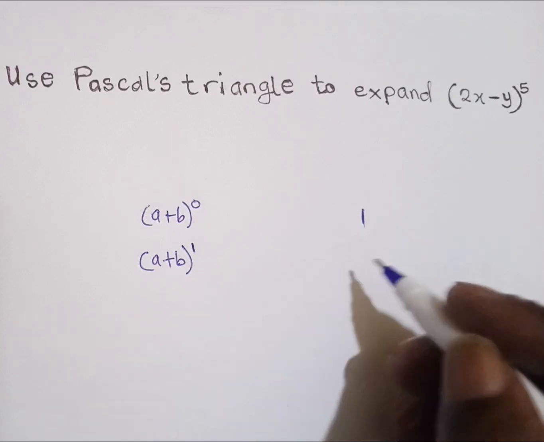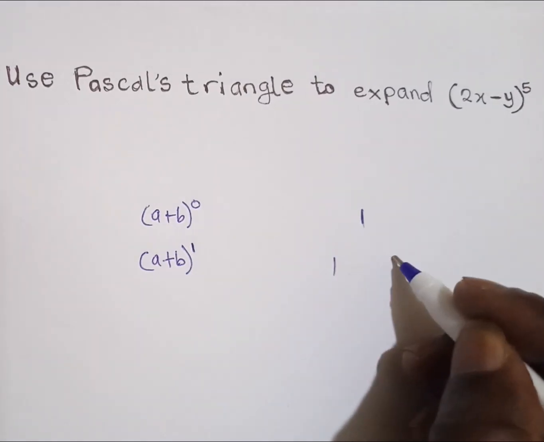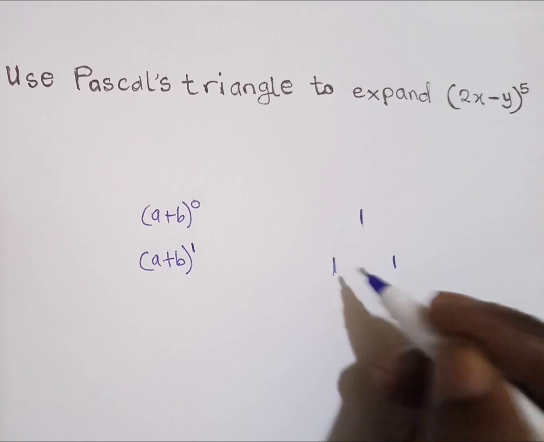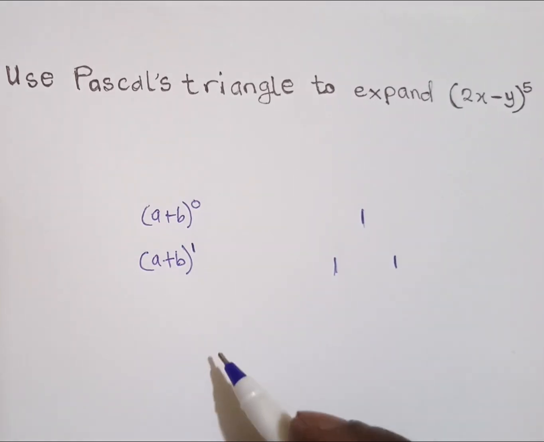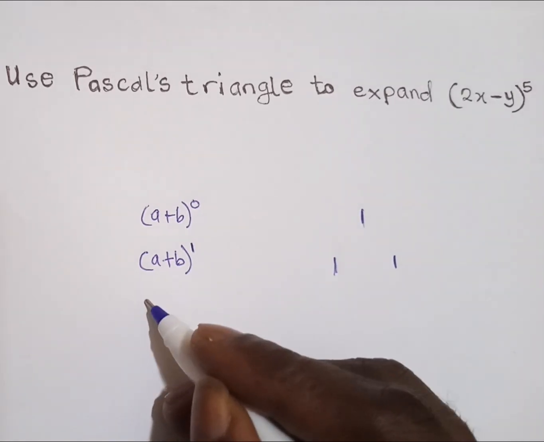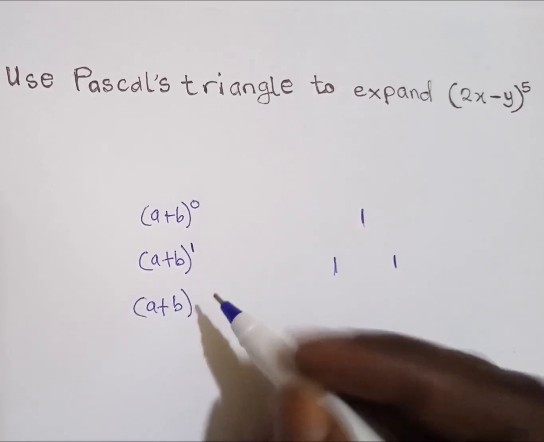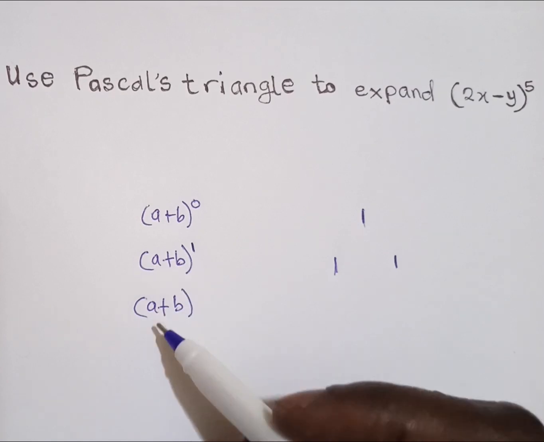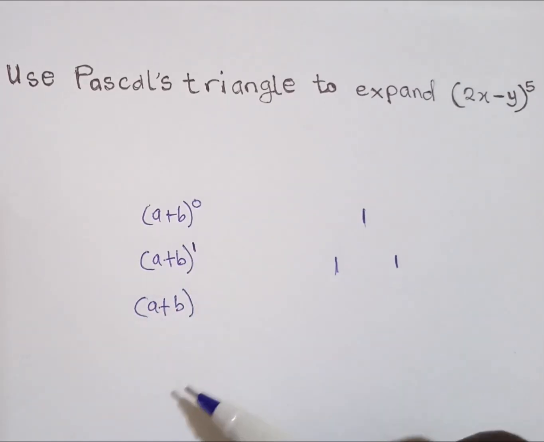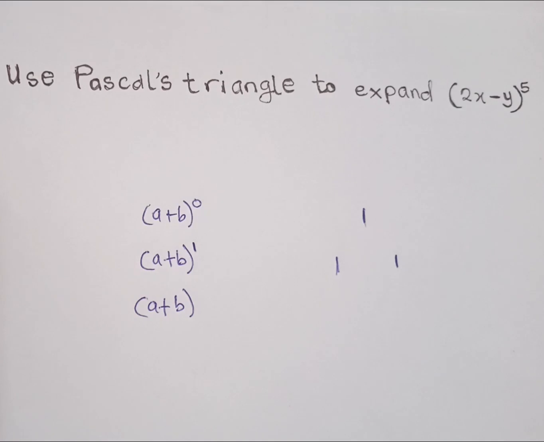Here too we got 1. We have already done this in the previous lesson, so we'll not waste time on it. Then we get a + b. The (a + b) we are only using to guide us, so that we can base on that and work on the example given in the question.